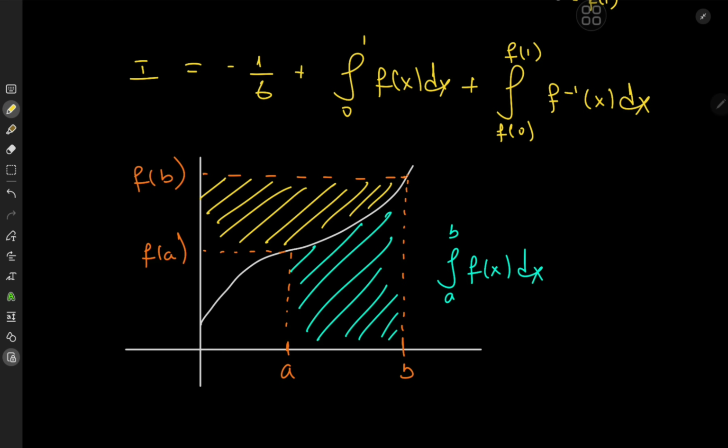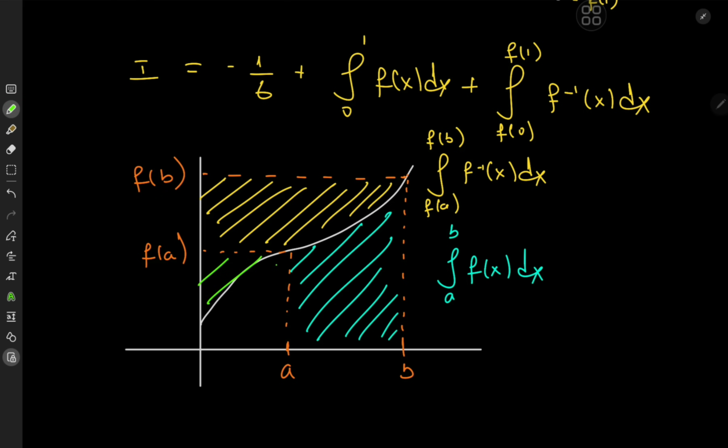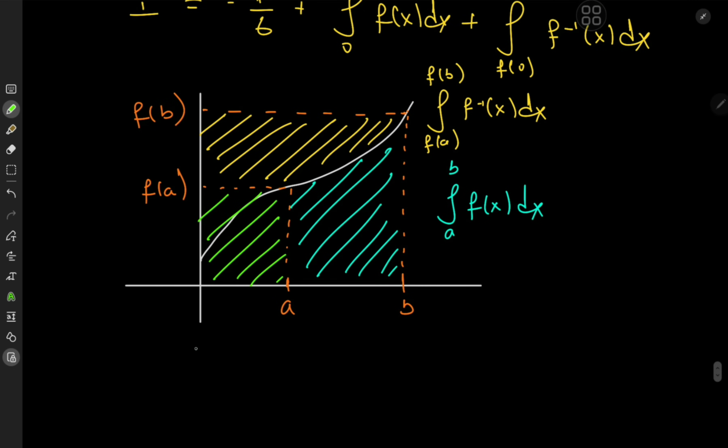Yes, indeed, you guessed correct once again that this would be the integral from f of a to f of b of f inverse of x dx. Okay, awesome stuff. Now, what about this little area over here? Well, that's just a square that has an area of a times f of a.